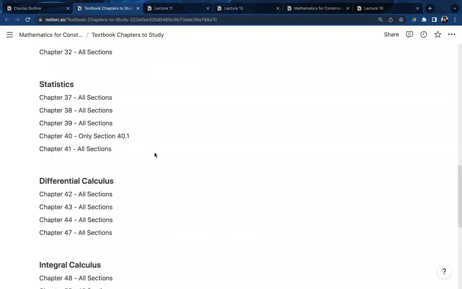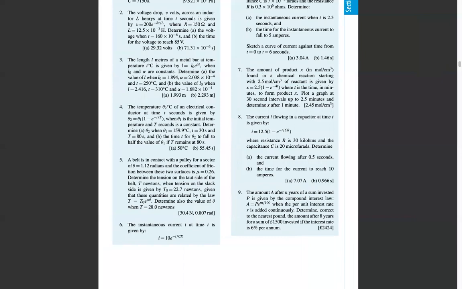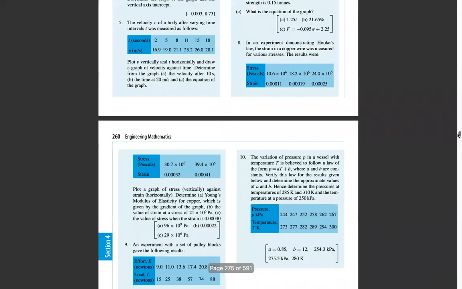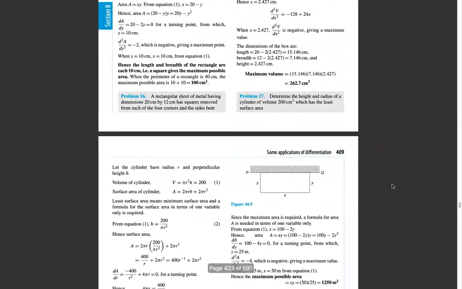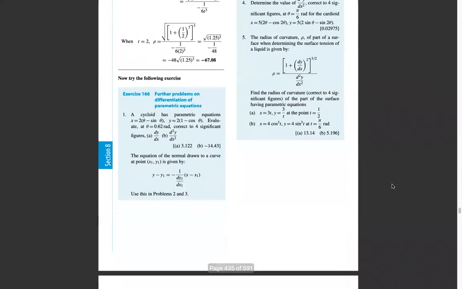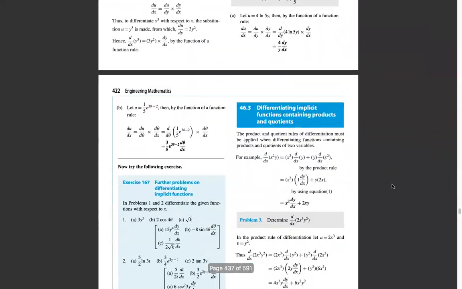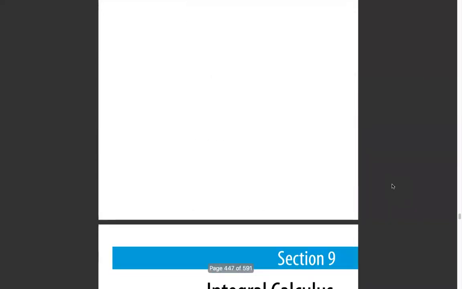So we finish differentiation. We want to move on to integration now. So we start from chapter 48. So integral calculus, what is this about?